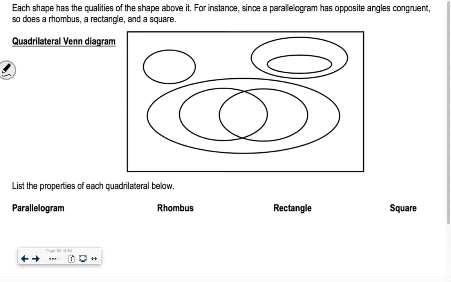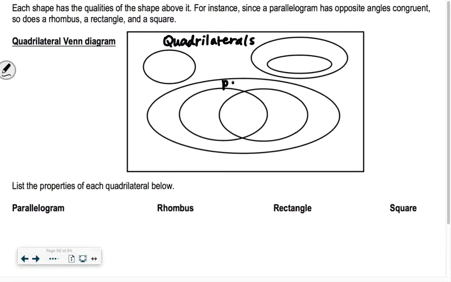Okay, it looks a little overwhelming, but we got this. So we're going to start with the big square is quadrilaterals. And then inside of quadrilaterals, we have three different types. We have kites, trapezoids, and parallelograms. Where do you think the parallelograms go? Left, bottom, or top right?